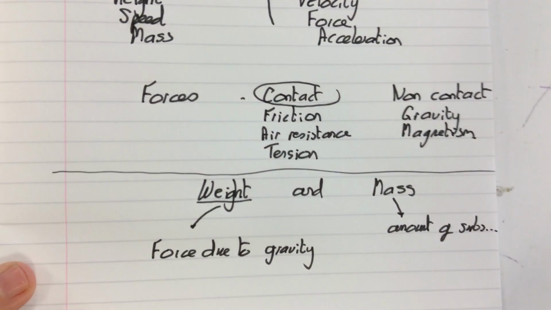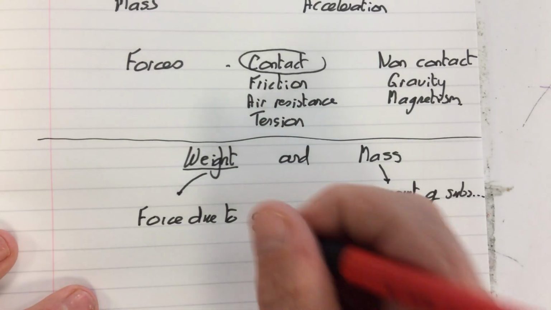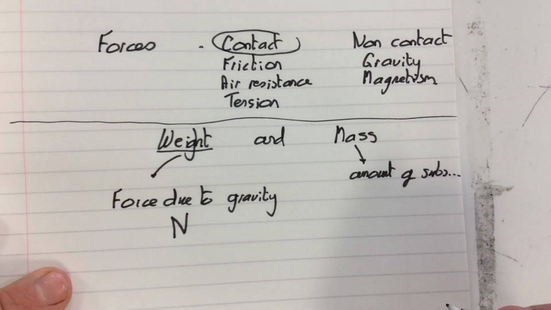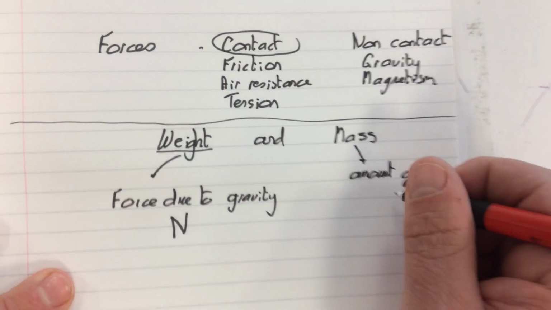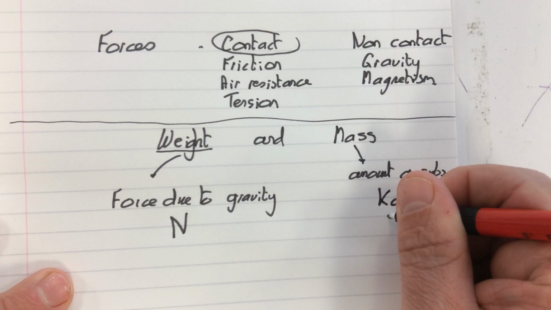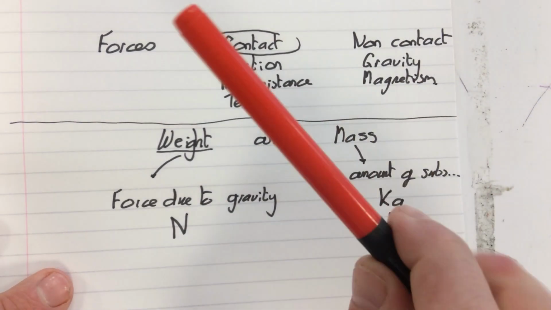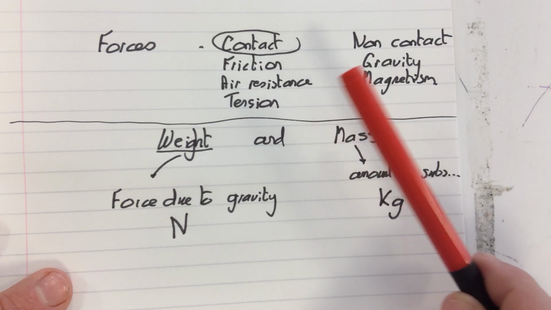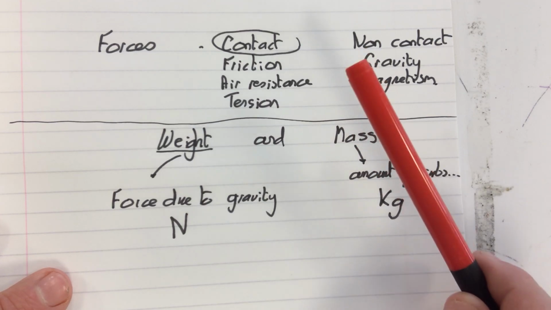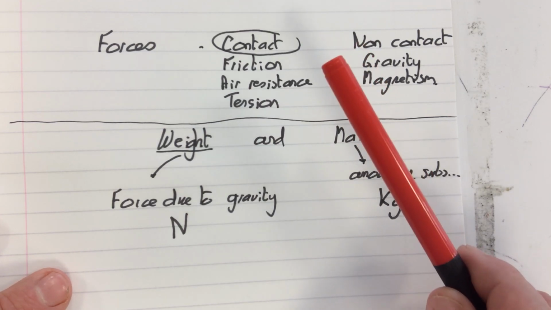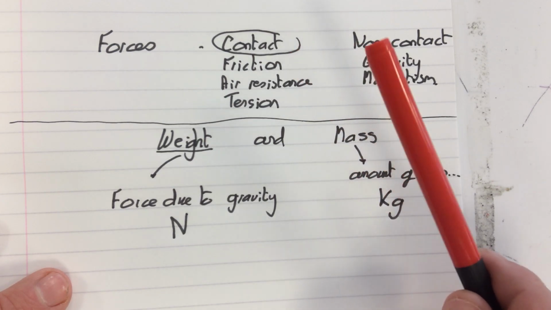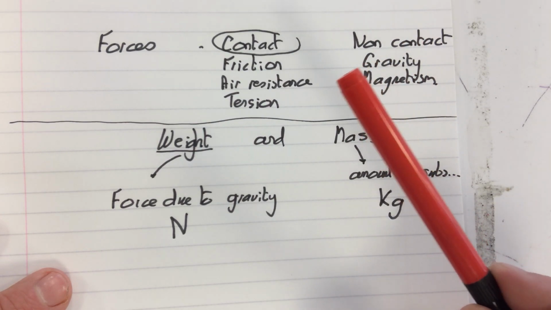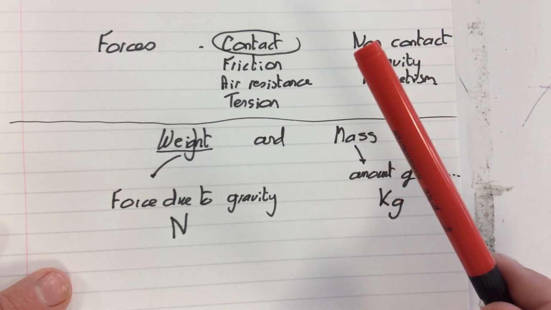So there's amount of substance. The force due to gravity is measured in N for newtons, and the amount of substance is measured in kilograms. So for example, this pen might have a mass of 1/2 kilogram, and it will be 1/2 kilogram if it's on the Earth, if it's on the Moon, if it's on the Sun, anywhere at all in the universe. It would always be 1/2 kilogram, because the amount of stuff in this pen is always the same.